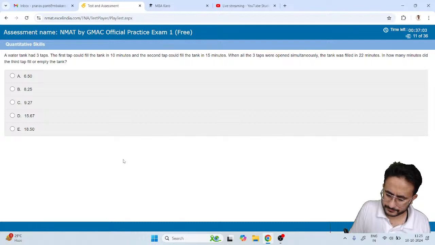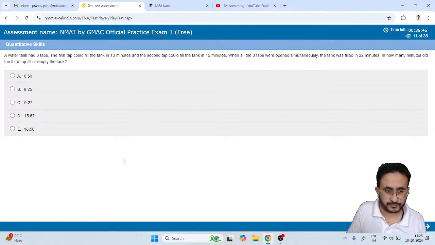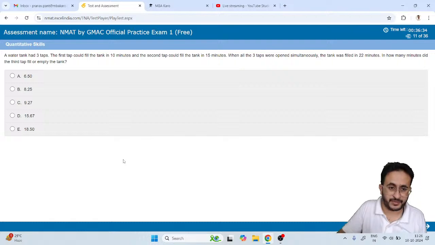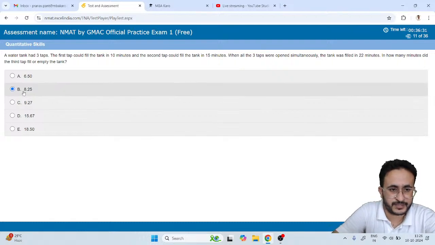So minus this, the rate will be 5 minus 15 by 11, that is 55 minus 15 by 11, that is 40 by 11 units. So capacity is 30, 30 into 11 by 40, that is 33 by 4, 8.25 will be the answer.